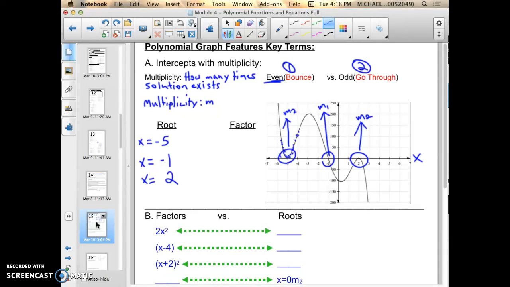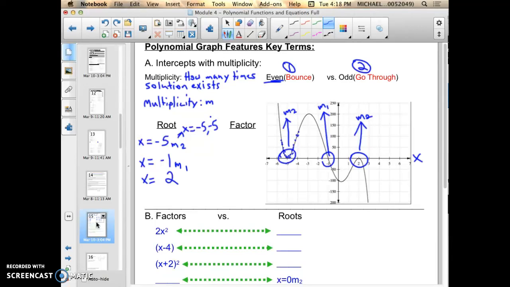So to actually write that out then in the answer form that I want to see if you're trying to find roots or solutions, you would have x equals -5 with a multiplicity 2, meaning technically that in this point x equals -5 twice. But we don't write it like this, we're going to write it with the multiplicity of 2. And then at x equals -1, it goes through, so it's an odd multiplicity, so that means it's multiplicity 1.